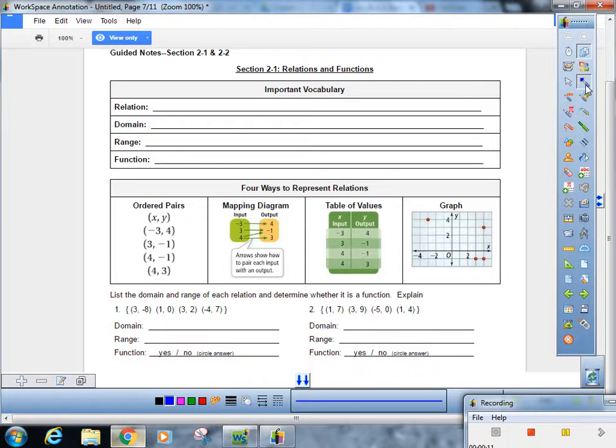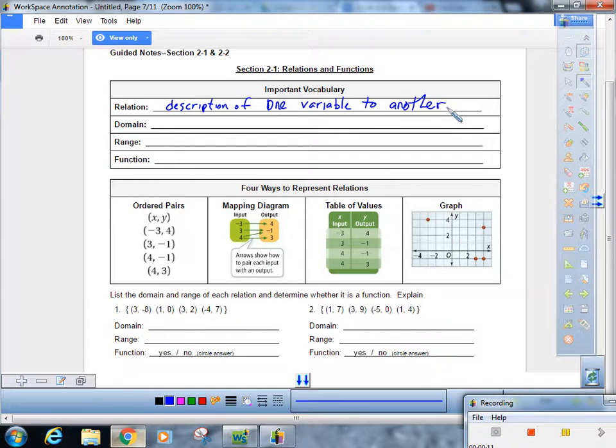Okay, this is 2-1 guided notes. Relation. A relation is a description of one variable to another.